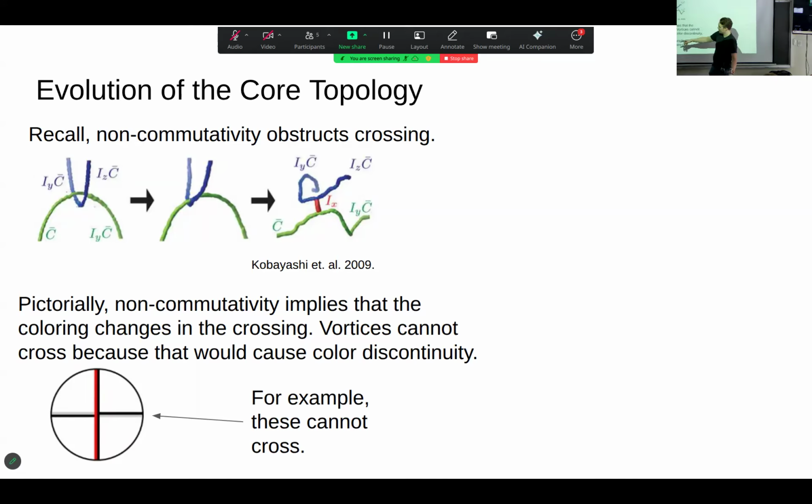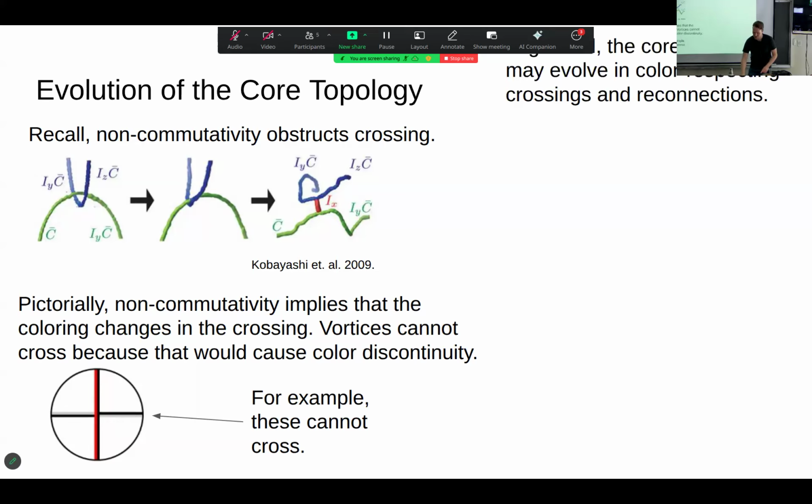They cannot cross because if this gray vortex comes forward and is in front of the red one, there would be a discontinuity. But the only discontinuities allowed are when you go behind another vortex. This is the reason why they cannot simply cross each other. There has to be something that forms between them that takes care of the discontinuity.